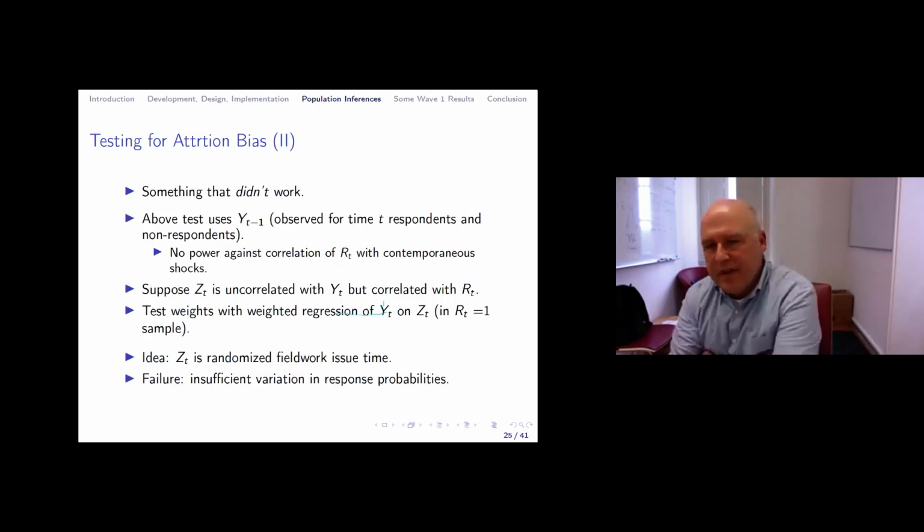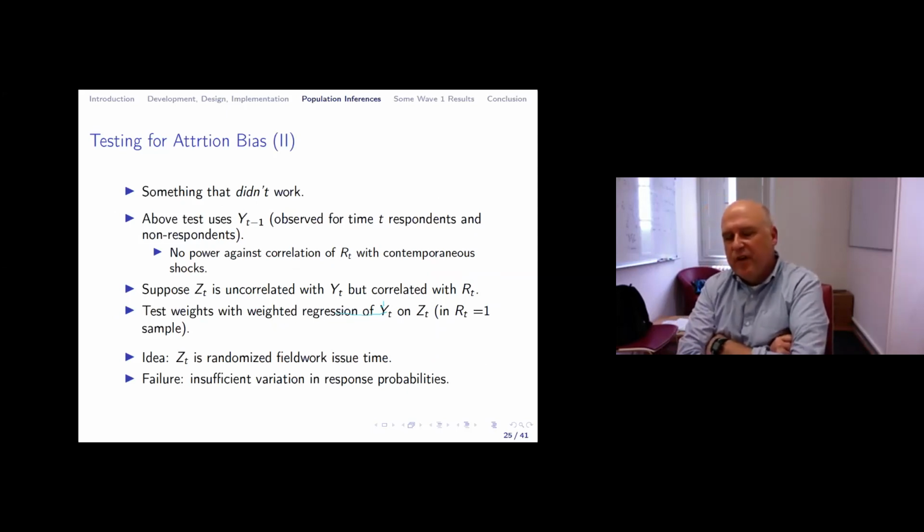One concern with the test that I just showed you is that we can only do that for things that are observed at t-1. We can only do that for income at wave 9 because we need to observe it for both COVID respondents and COVID non-respondents. That means the test that I just showed you has no power against a correlation of response with contemporaneous shocks, right?